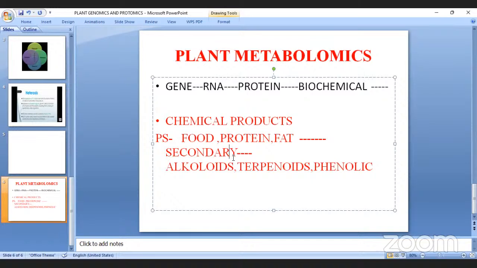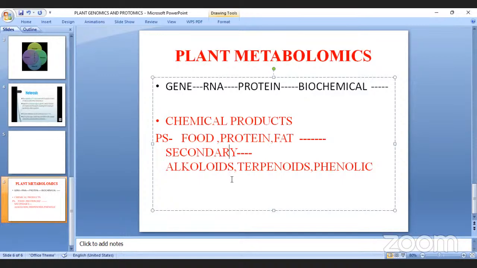Here they have given some methods: gas chromatography, high performance liquid chromatography (HPLC), mass spectrometry, nuclear magnetic resonance (NMR), and Fourier transform infrared (FTIR). These are the methods for extraction of these compounds from the plant body.